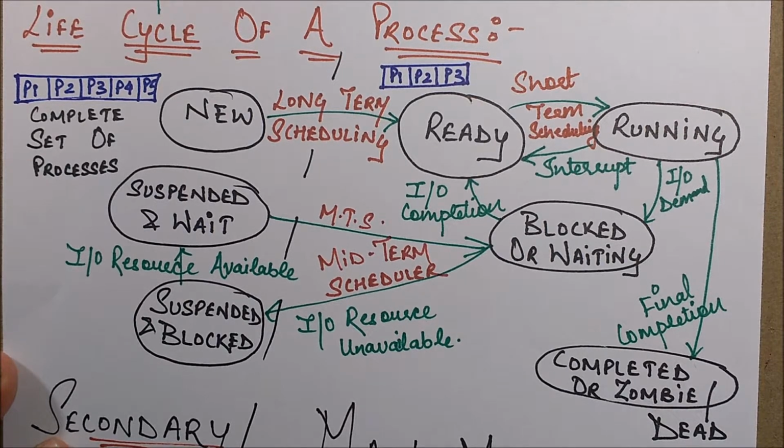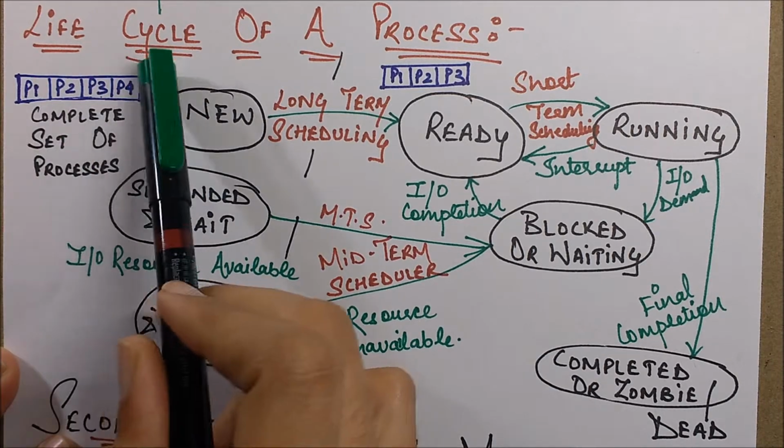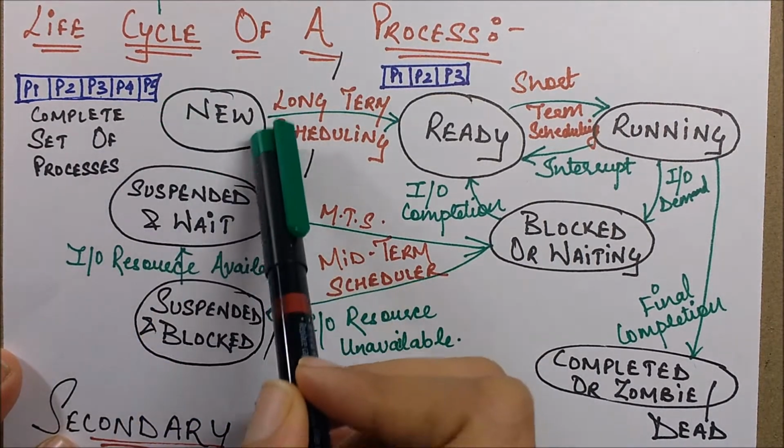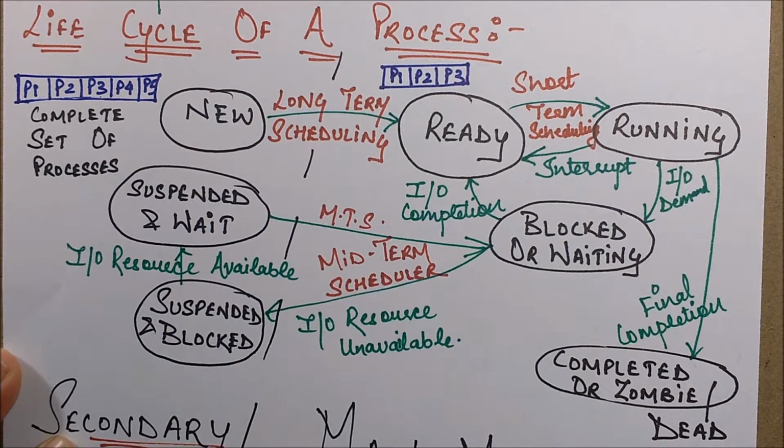So let's discuss this. First of all, whenever we have a certain set of processes, whenever a process is created, it is said to enter the new state. When I create a process for the first time, it enters this new state.